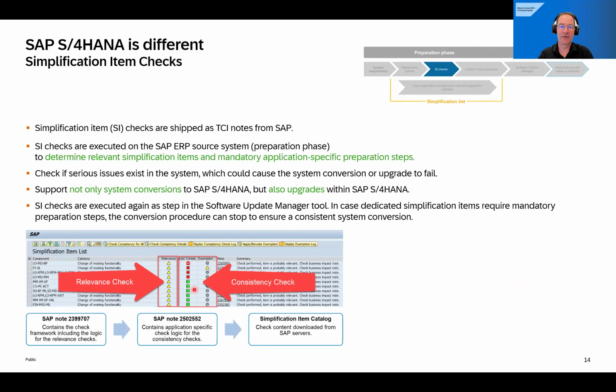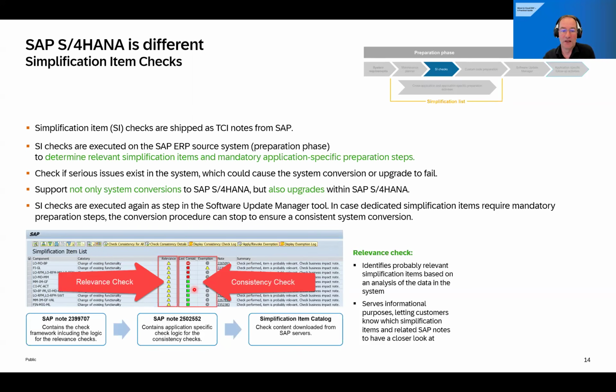If you did not run the customer vendor integration yet, this item will be red, and a red simplification item will block the conversion. You cannot execute the conversion since the software update manager will run exactly the same check during the technical conversion. And then if there's a red flag, you did not implement one of those required implementation customizings, the tool will stop.